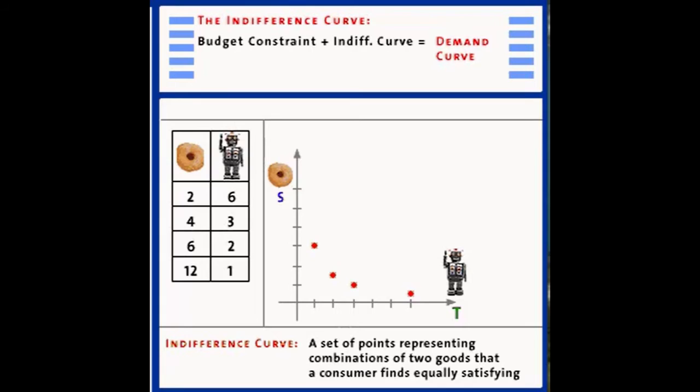So here I go, connecting the dots. And there's my indifference curve, a collection of points representing combinations of snacks and toys, all of which Chris finds equally satisfying.